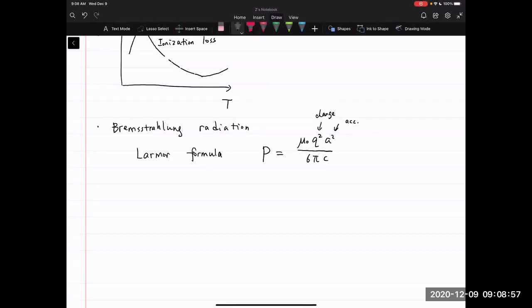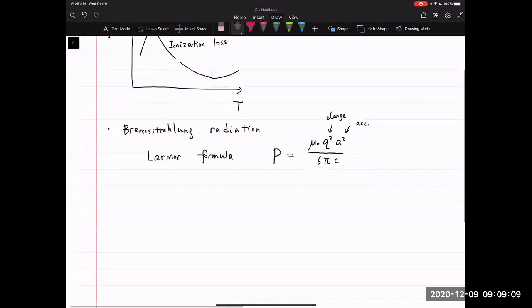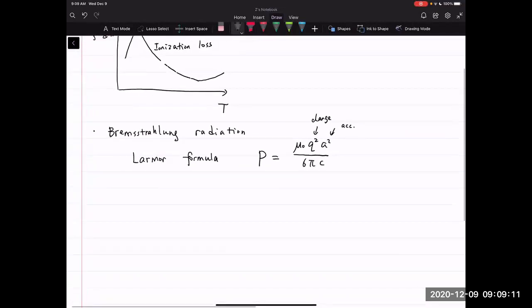Using Larmor's formula, we don't have to do a rigorous calculation, but if you look at the charge dependence and acceleration dependence, then if you want to describe the loss of kinetic energy of the charged particle, the stopping power minus dT over dx due to Bremsstrahlung radiation, we know it is going to be proportional to the charge squared and the acceleration squared.